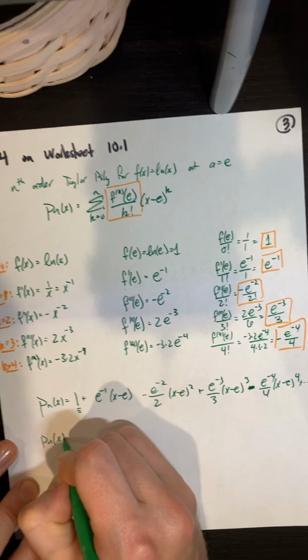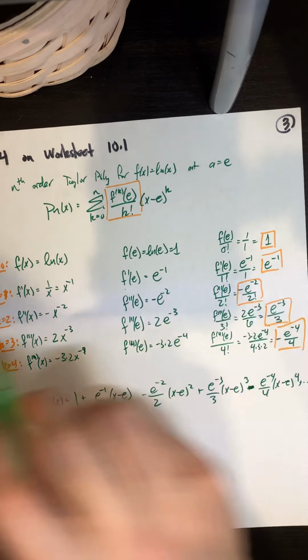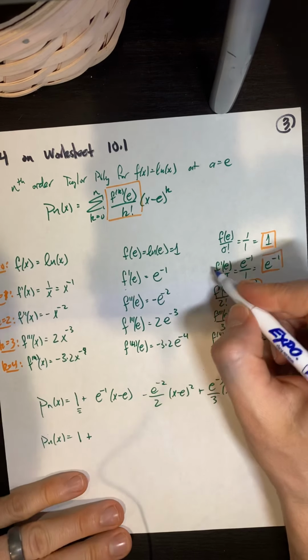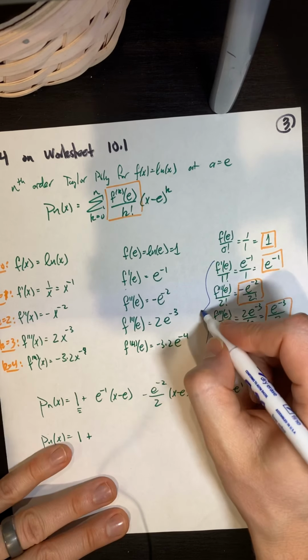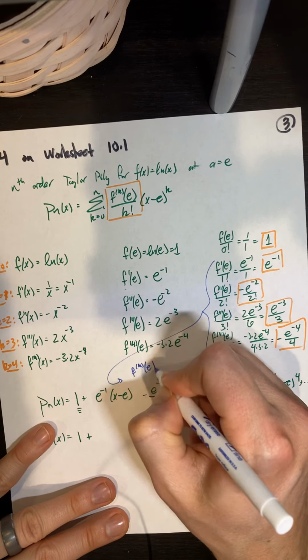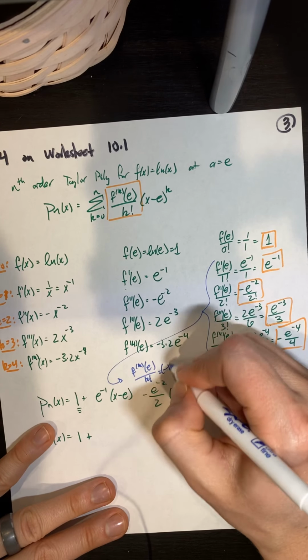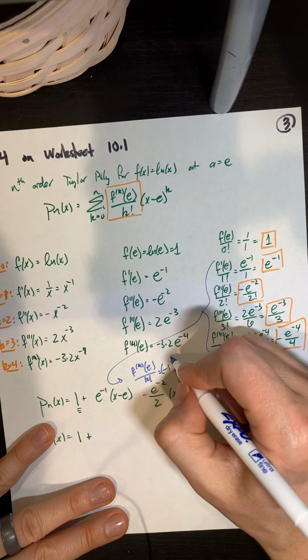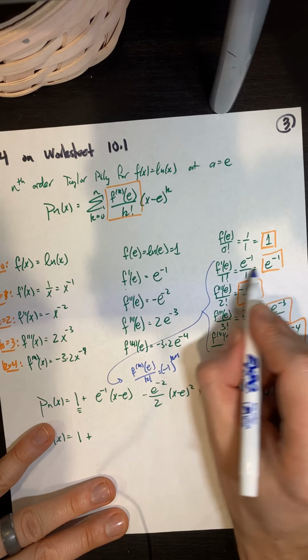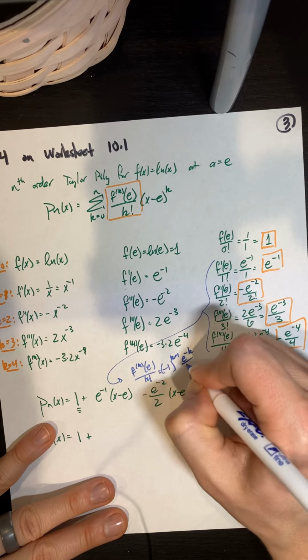So Pn of x would be 1 plus, and if I'm not mistaken, here I'll use blue now. If I look at these 4 terms, it almost seems like the kth derivative at e over k factorial is equal to negative 1 to the k plus 1, because I want it to be positive first off, e to the negative k over k.